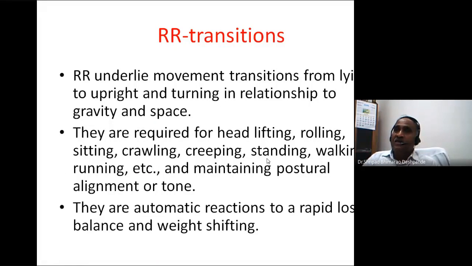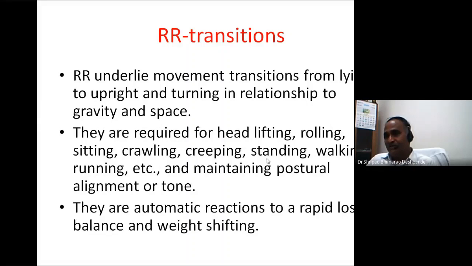Now, usually there are transitions with the righting reflexes. They underlie the movement transitions from one position to another, that means from lying down to the upright position in relation to gravity and space. For example, head lift: just see how you transition certain parts when lifting up the head.